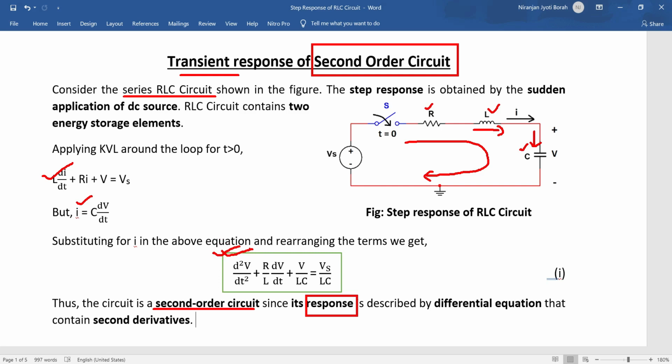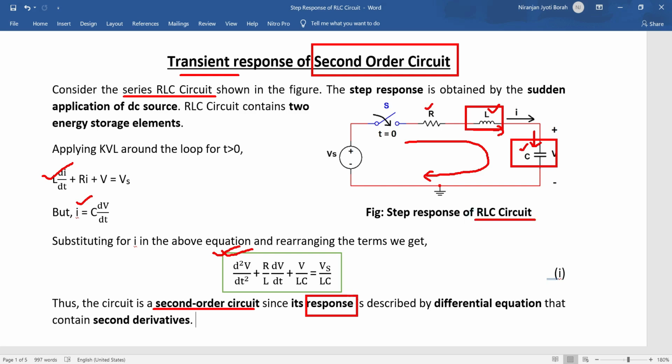Also, a second order circuit may have two storage elements of different types or the same type, provided elements of the same type cannot be represented by an equivalent single element.